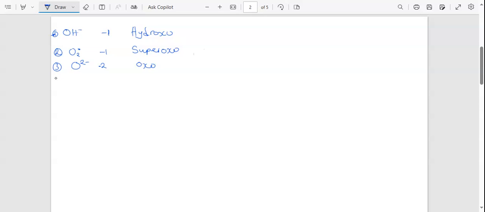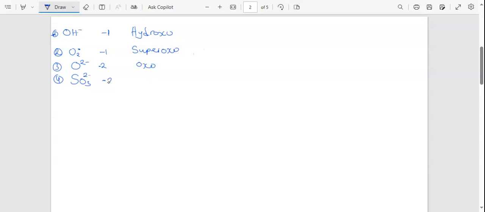So that is how we use these when naming coordination compounds. Let's go to the next molecule. Suppose we are given SO3 with a charge of -2.